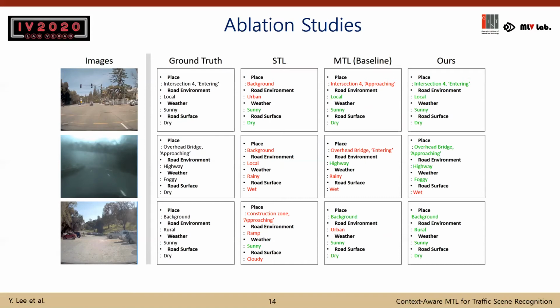Therefore, when the mutual information constraint is added to the proposed MTL, recognition results can be better, as figured in this figure, and we observe some enhancements in traffic scene recognition performance. This confirms that applying the MI constraint at the same time is more helpful to capture contextual information. Accordingly, the results in this figure are the most accurate of all results.